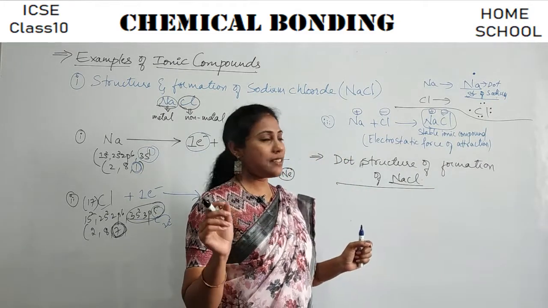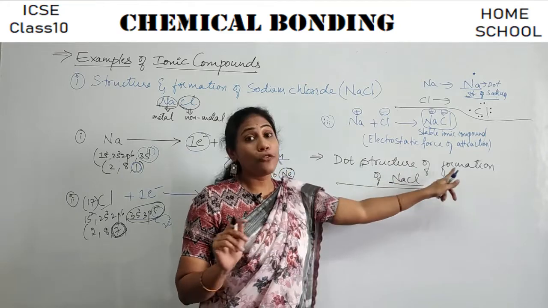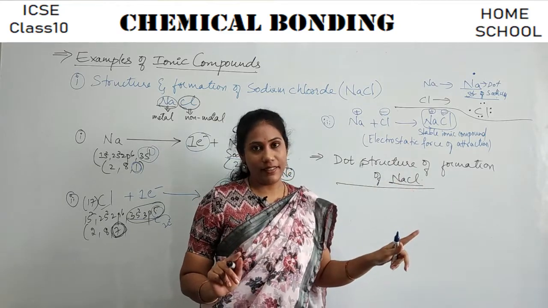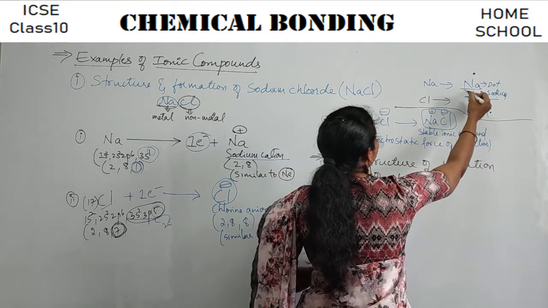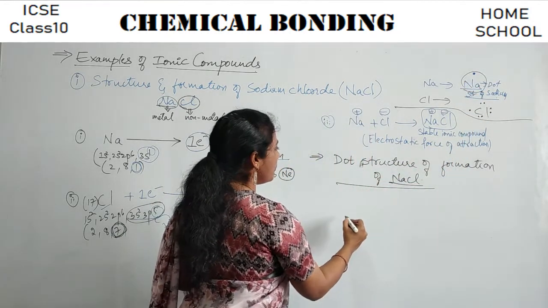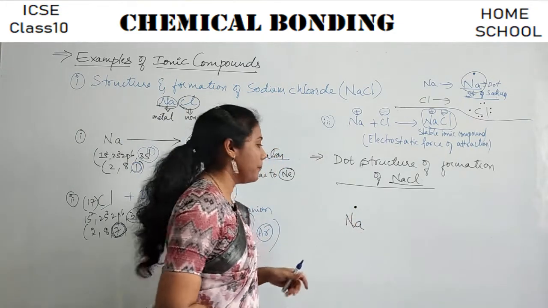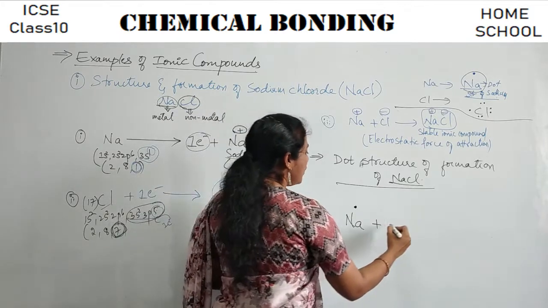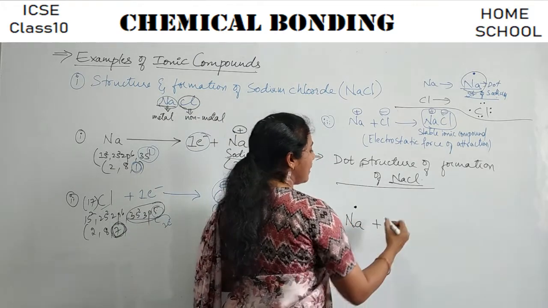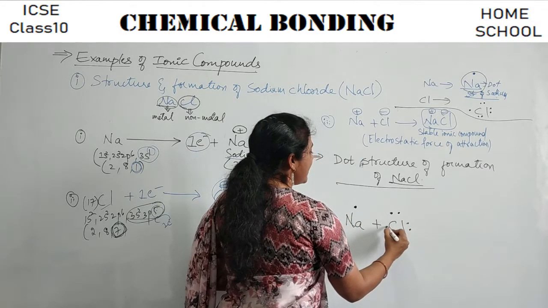So now let us check how to represent the dot structure for the formation of NaCl. We all know the dot structure of Na, so write Na and one dot above the symbol. And the dot structure of Cl also we all know: 1, 2, 3, 4, 5, 6 and 7.